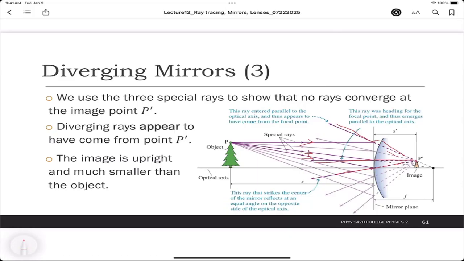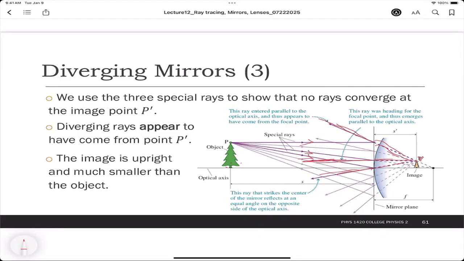But if you just use the reflected rays, not the extended lines, they will not converge. They will diverge. The divergent rays appear to have come from P'. The image is upright and much smaller than the object. Does it make sense to you?